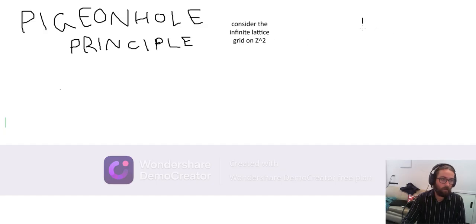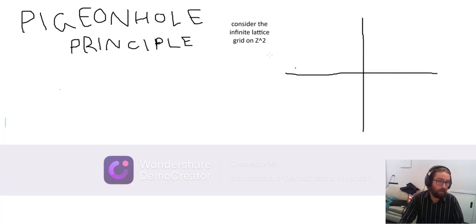So here it's going to be basically the set of all pairs of integers. So for an example, we're going to include (0,0), (0,1), (0,2), (0,3). We're going to include all these ones as well. Right, all these ones. So every point represents a pair of numbers.